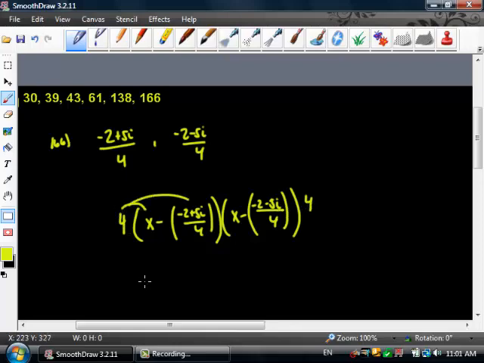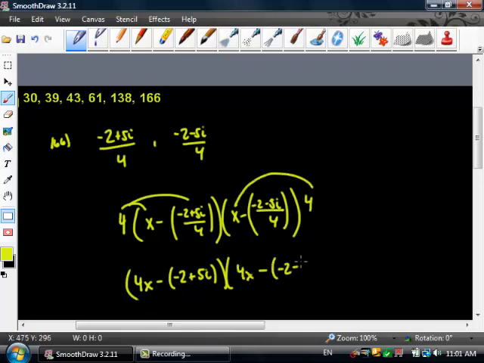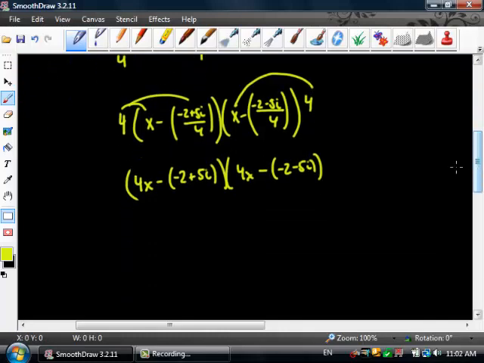So when I distribute that, I get 4x minus -2 plus 5i. And then here, I get 4x minus -2 minus 5i. Okay, remember, do not distribute the negative and make a trinomial times a trinomial. You're going to make your life really, really crazy, and you don't want to do that.